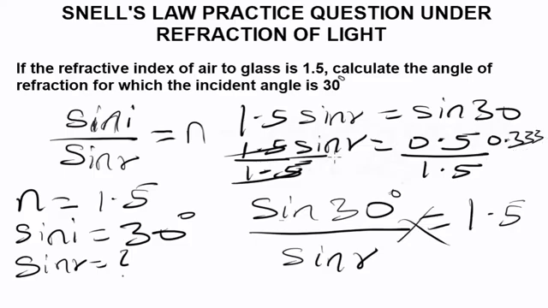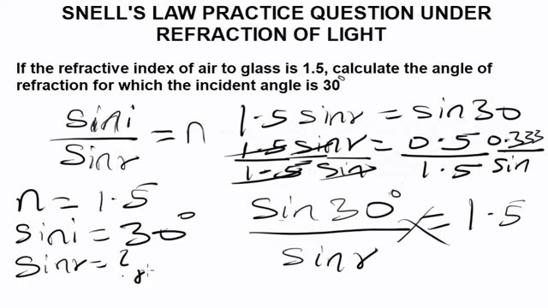At this juncture, remember we are looking for the value of r, the angle of refraction. To do that, we take the inverse sine of both sides, so the sine cancels itself.